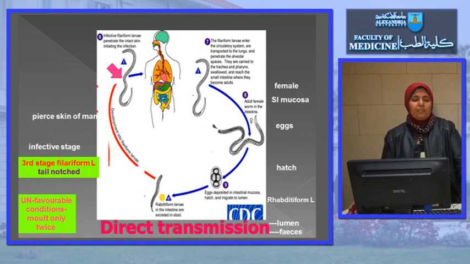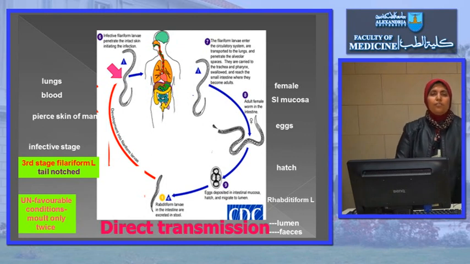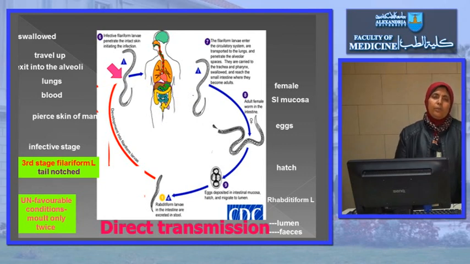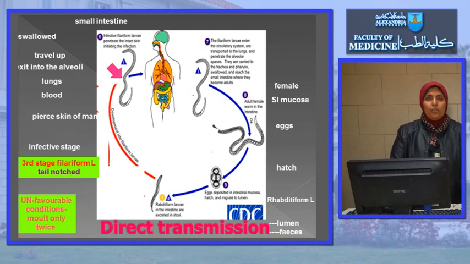Once the infective stage penetrated the skin of a man walking, for example, with bare feet or something, it will jump into the circulation. The circulation will send the filariform larvae to the lungs, where they will penetrate the alveoli, and they will travel up retrogradely until they reach the esophagus.